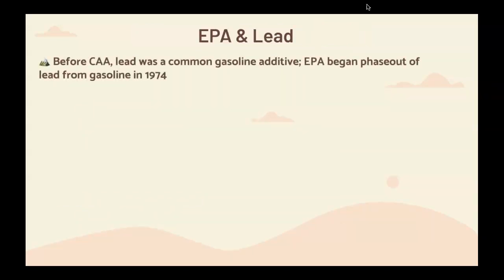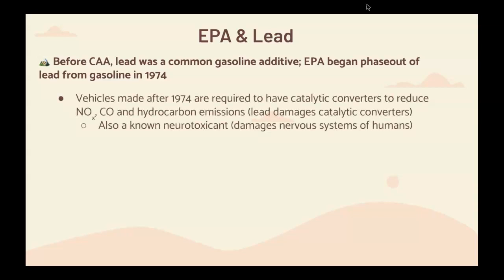So the EPA and lead. So prior to the Clean Air Act, lead was a really common ingredient in gasoline. Engines at the time really rattled as they combusted gasoline, and so when there was lead in the gasoline, it helped to reduce that knocking of the engine.